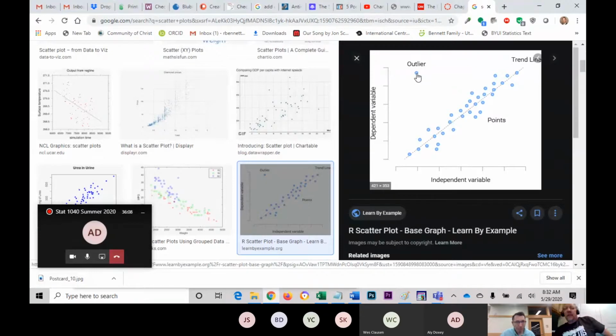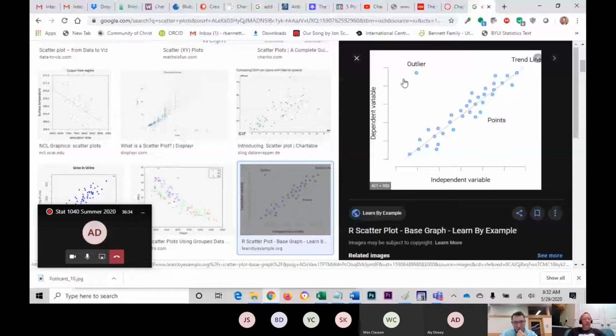When you have an outlier, generally what happens is your trend line, the trend line that we're trying to draw here, it's probably going to change and move towards that point somehow. And so a lot of times we want to look at those outliers, especially if it's a typo. You might want to remove it.